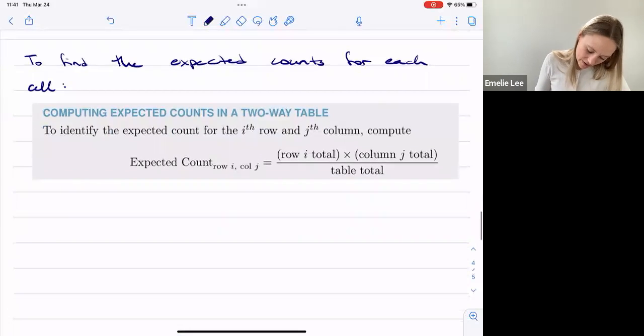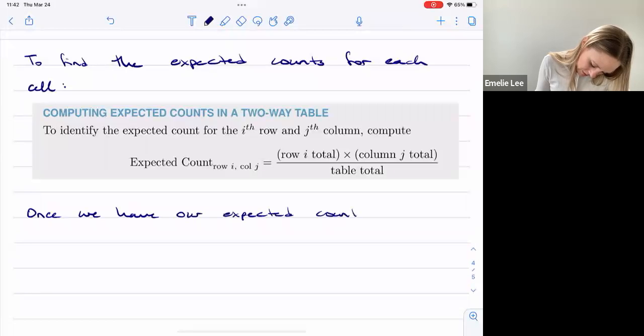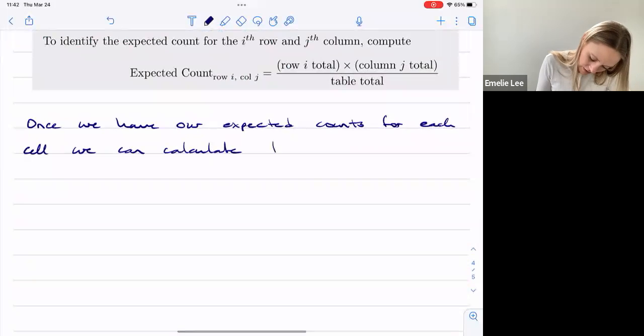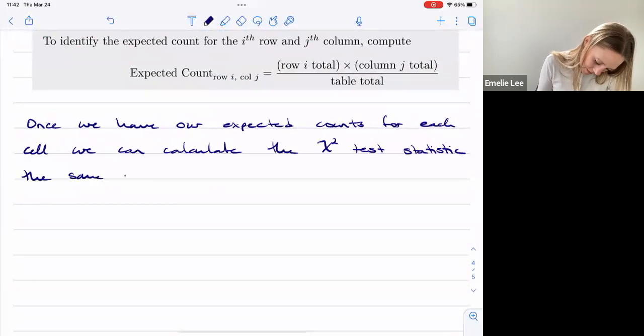Then once we have our expected counts for each cell, we can calculate the chi-squared test statistic the same way that we did before.